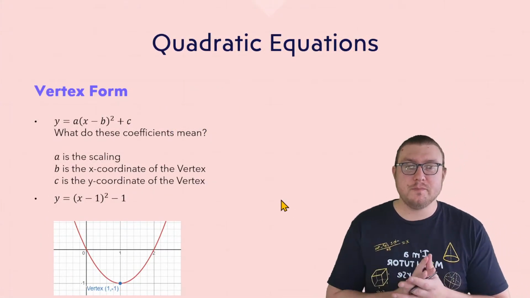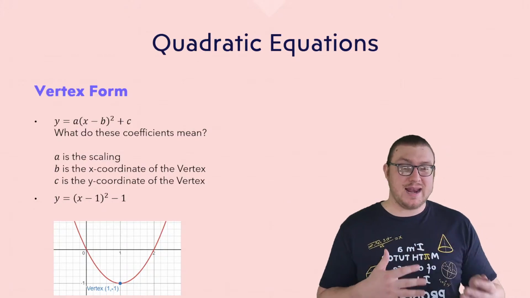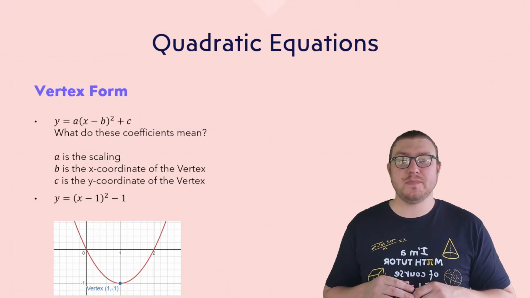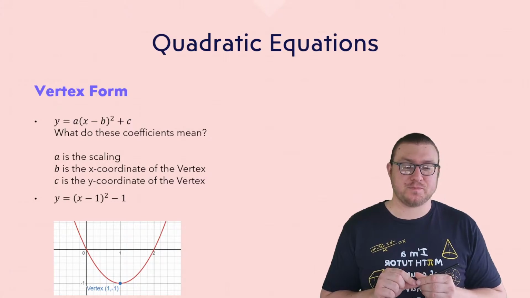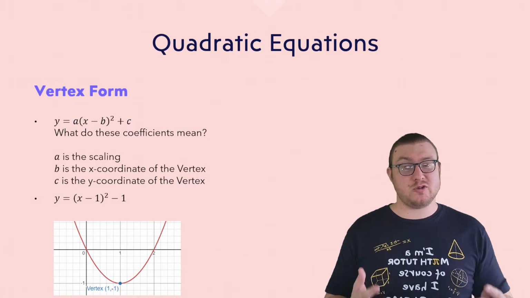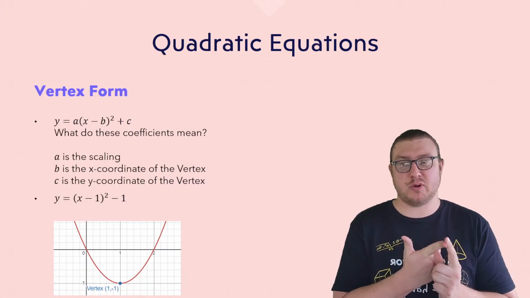The third form is the vertex form. I like this form, but often this is not the one that they give you because they want you to really focus on those intercepts. Sometimes they do, however, give you a question like this, and you can recognize this if they're talking about the highest or the lowest point.